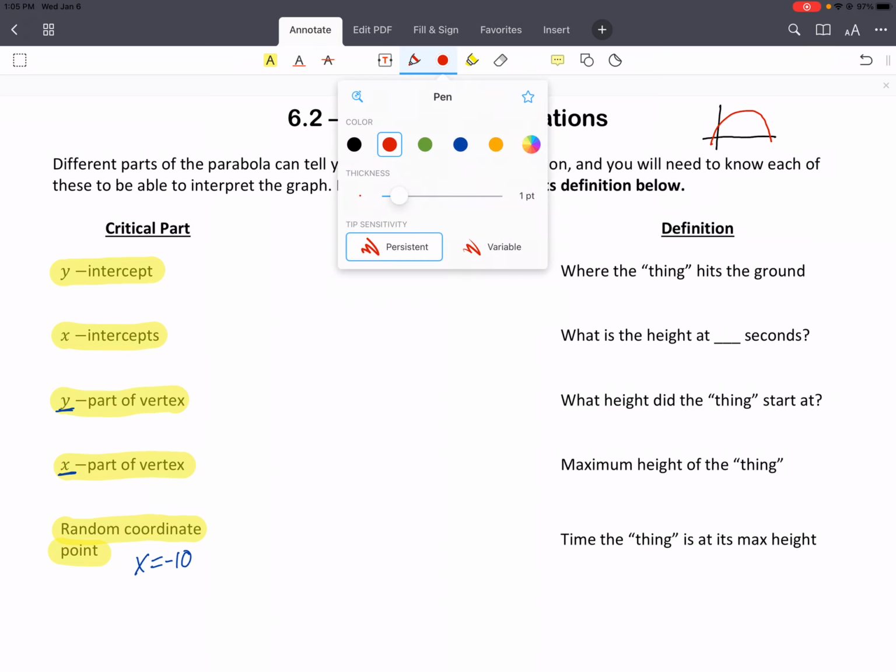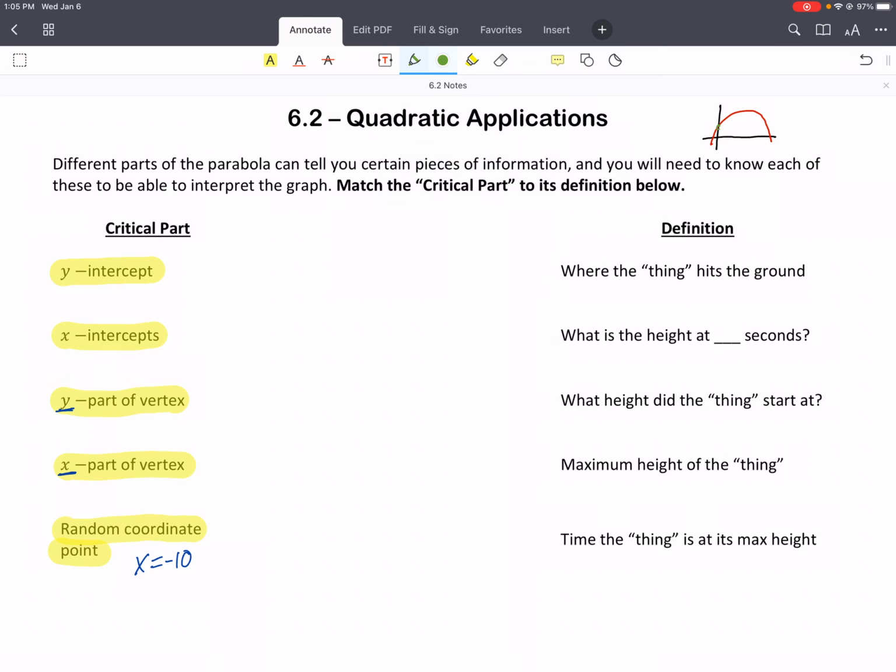So first off, our y-intercept, or right there, wherever we cross the y-axis, that we can match up and put in real life terms of what height did the thing start at. So if we thought this was a rocket, maybe we're shooting the rocket off from the top of a building or something. I don't know, you may not always be starting on the ground.